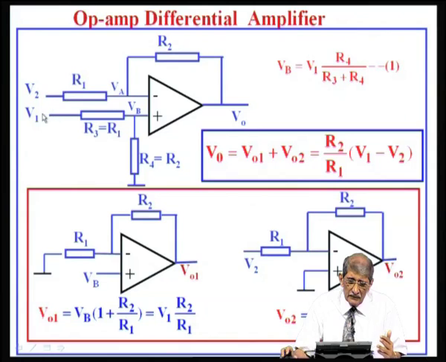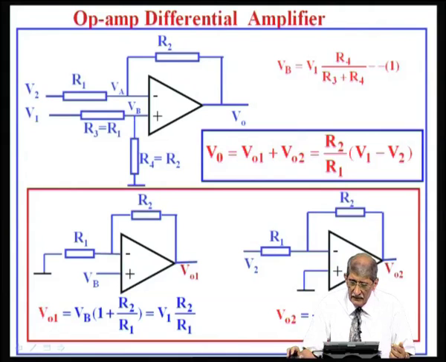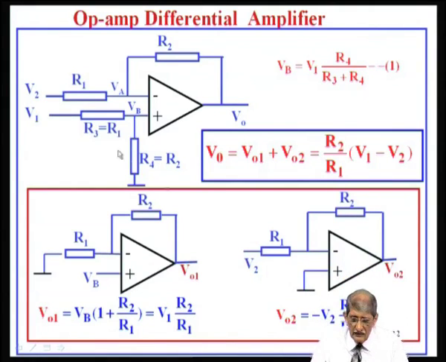I am considering only the effect of V 1 to find out what V naught is with V 1 alone. Next, we will ground this point and consider the effect of V 2 alone here. If I ground this point, it is as good as grounding at this point V b. Ground this point, consider how much output I will get with V 2 alone.